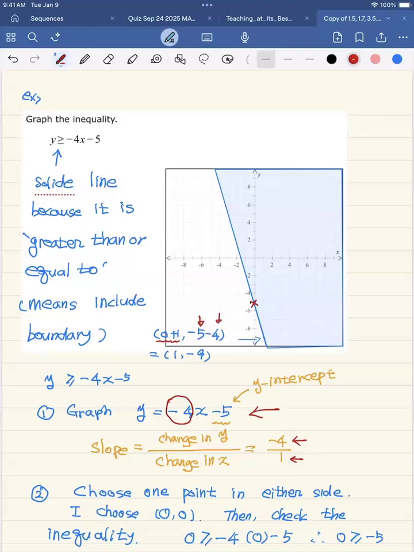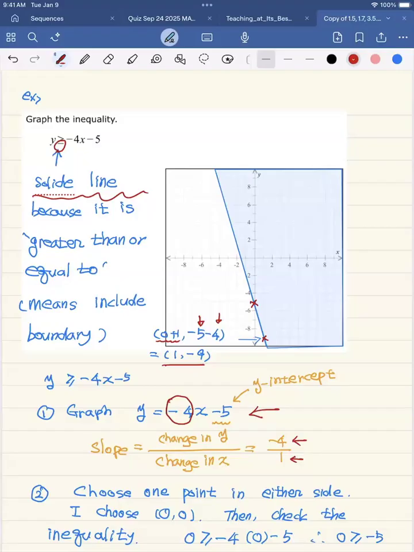Then we have 1 and -9, and we mark that point and join with a solid line. Why did I join with a solid line? That's because there is an equality sign. So all the boundary points on the straight line are included in the solution set.